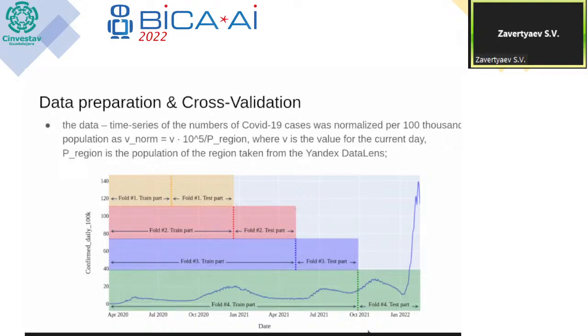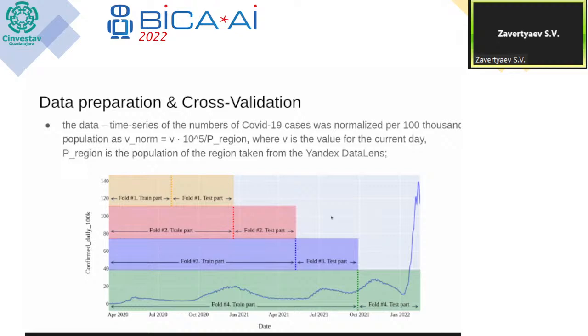We normalize. We take confirmed cases in each region and normalize them by population. The whole timeline is split equally into 5 parts, and these 5 parts are used to form 4 folds, each containing a training part and a test part.